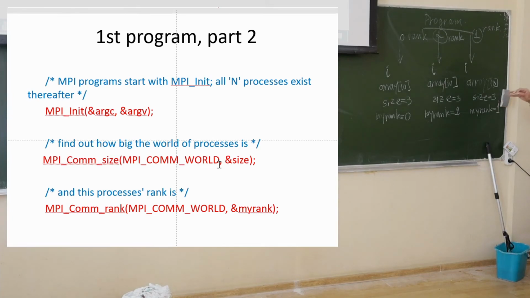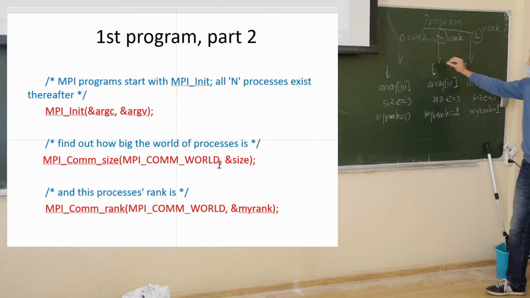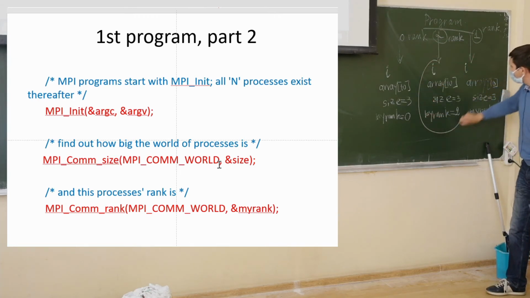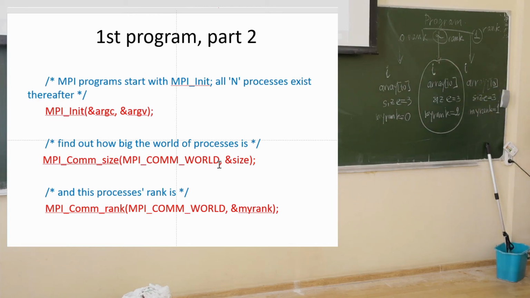But every variable with the same name can contain different information, because this process sees just these variables, and this process with rank equal to 0 sees just 2 inside myRank, nothing else.